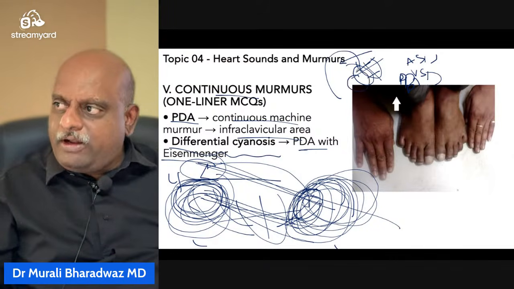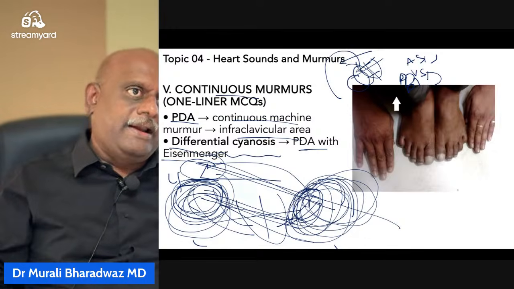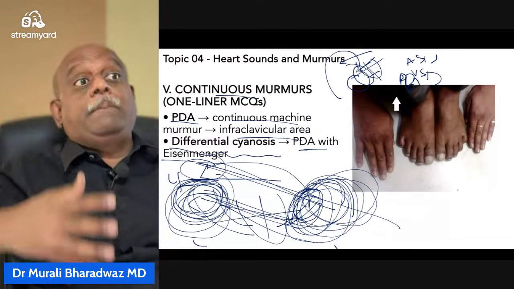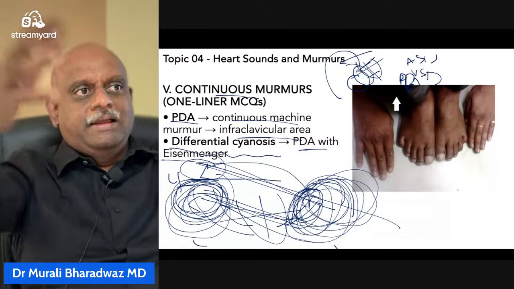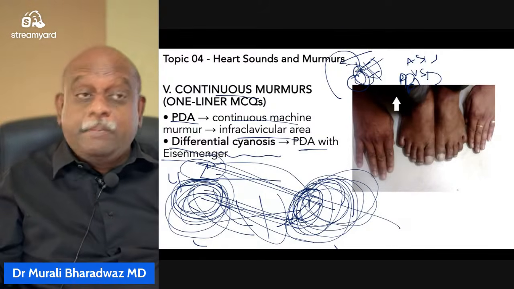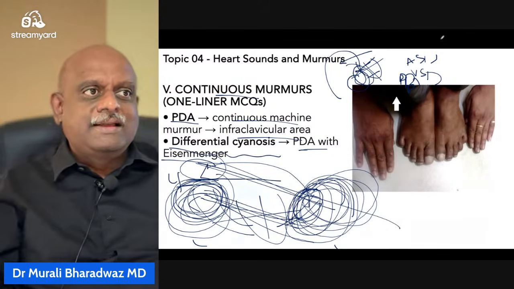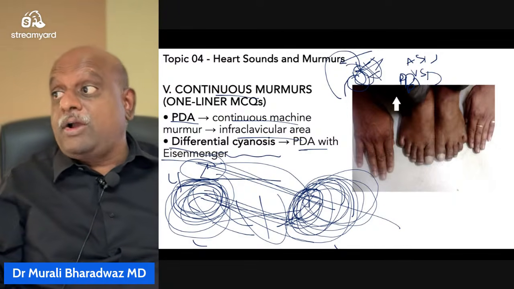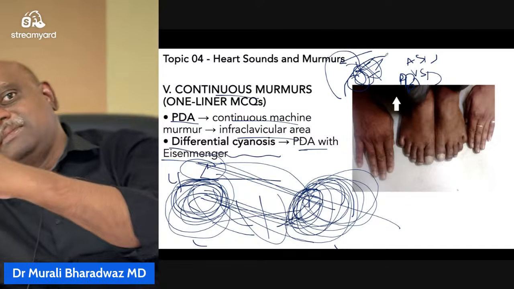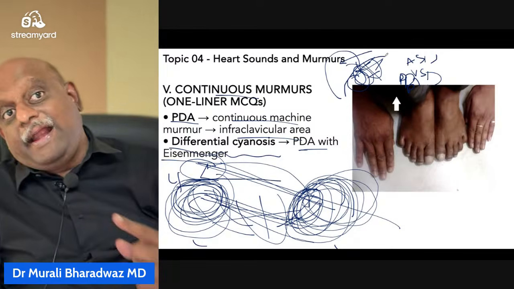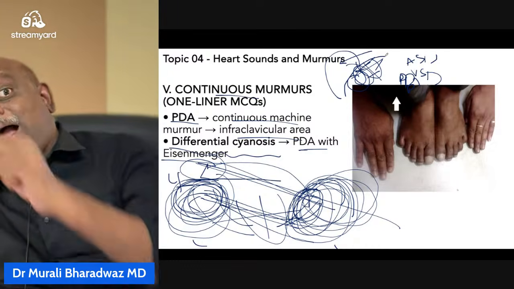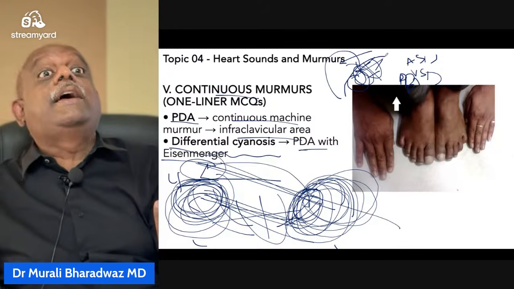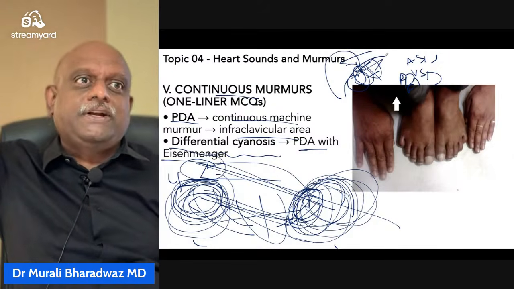All that more blood will go into the pulmonary artery. That leads to pulmonary hypertension. The moment pulmonary hypertension develops, the right-sided pressures will be as good as left-sided pressures. So that will make all the blood go back from right into left. That is bad mixing with good. That will then lead to cyanosis. It's called reversal of shunt.